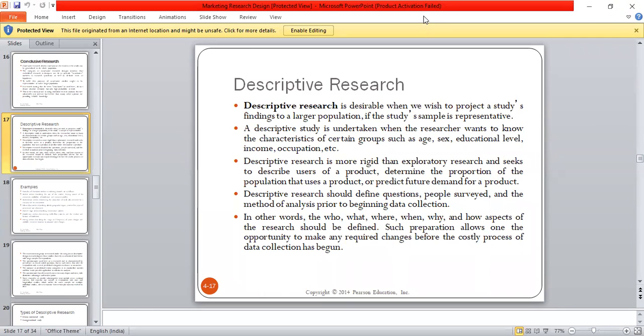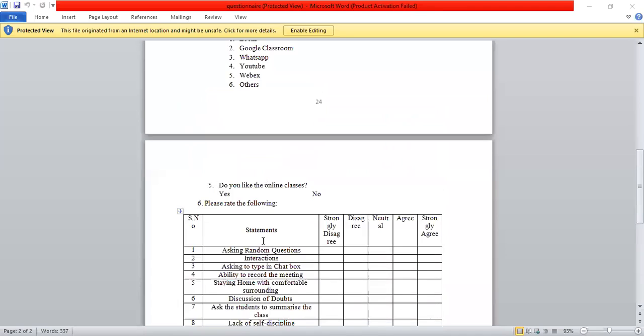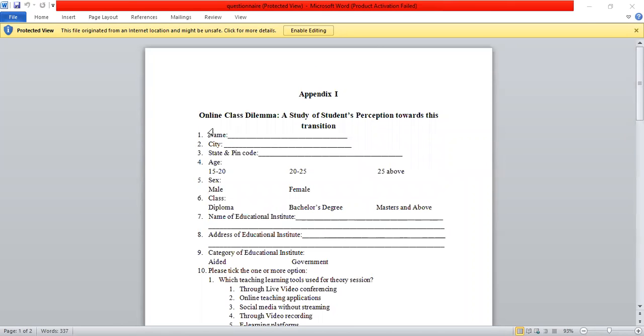Let me show you it again. See, this column consists of name. I want to ask the name of a person, the city to which he belonged, the state he lived in, his age, sex, his or her class, in which class that particular student is, educational institute, address, category.